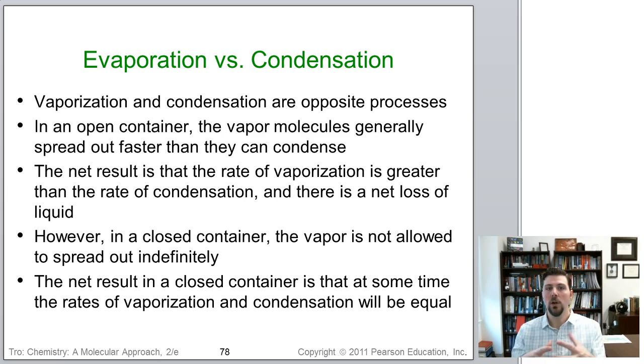Whereas if you left a beaker open with liquid on the bench top in the lab, you could come back 2 weeks later and it might be dry because all of the liquid has evaporated into the surrounding atmosphere. If you put a lid on it or some parafilm on it, it won't do that. It'll form an equilibrium between evaporation and condensation back and forth.